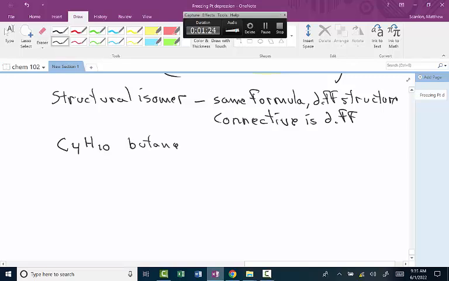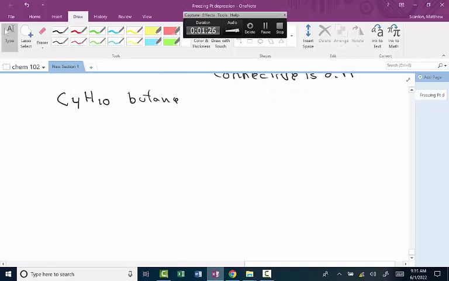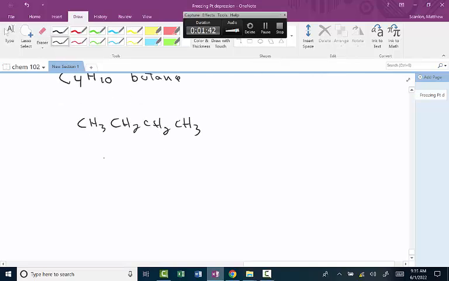That's the formula for butane, but it's also a formula for a different compound. So we can write this as CH3CH2CH2CH3, that's our butane. And that has this structure right here. 1, 2, 3, 4. That's our line structure.